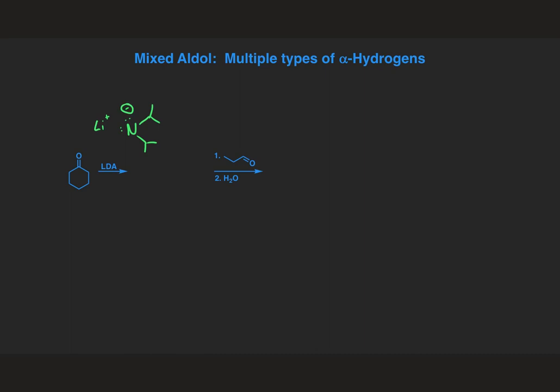It's a very strong base, and so it will stoichiometrically generate the enolate from here, to give this. And so you do this before you ever add the second compound. And now we can add this aldehyde in a second step so that we generate this.